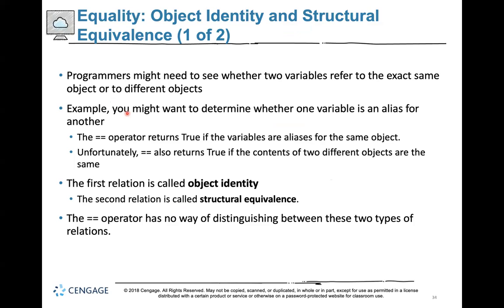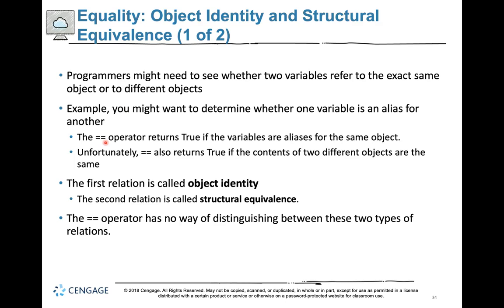So we have seen this equality operator before, and we can use this to check if two lists are equal. What does equal mean here? It's really the structural equivalence. Are they structurally equivalent? So you have two lists. It's going to compare, well, are they of the same length? Is every element actually equal? So that's the structural equivalence.